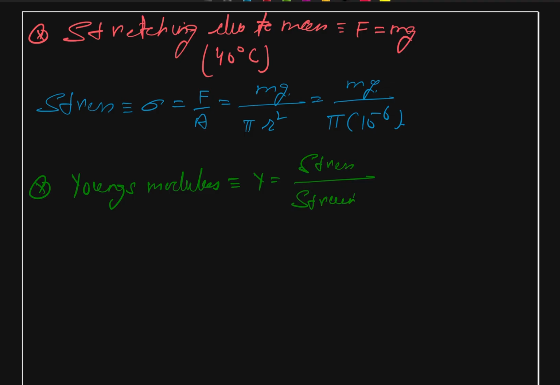This is sigma over strain, and strain is change in length over original length. This strain is because of the weight, so let us call this delta L mechanical divided by L.